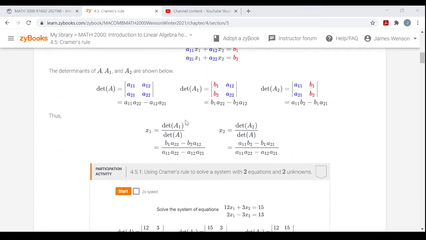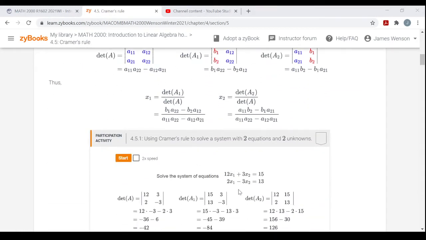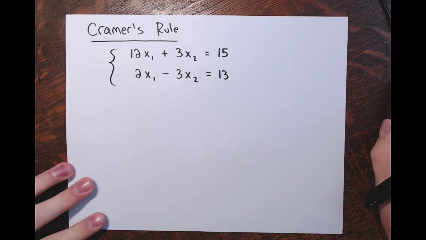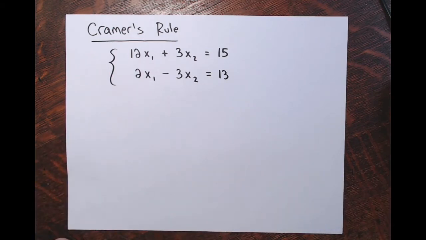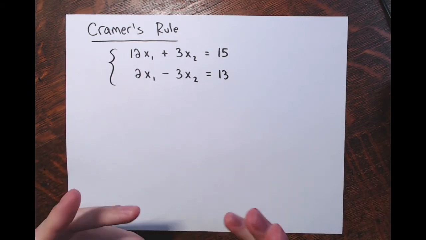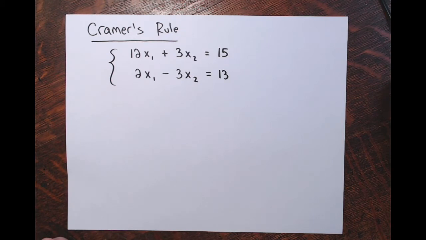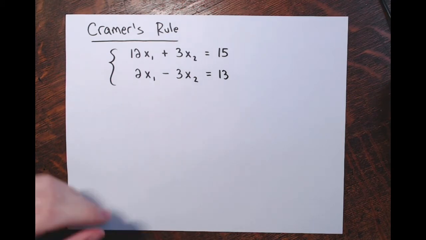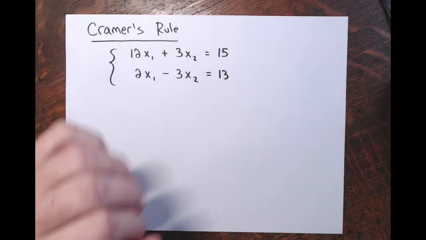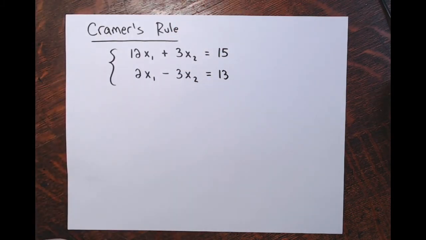All right, so I'll take you through an example. I will just show you this 2x2 system, this 2-variable, 2-equation system, how to use Cramer's rule on a piece of paper. Here's a 2-equation, 2-variable system, a square system of linear equations. It's already set up the way I want it, where all the variables are on one side, constants on the other side of the equal signs, and like terms are in line with each other.